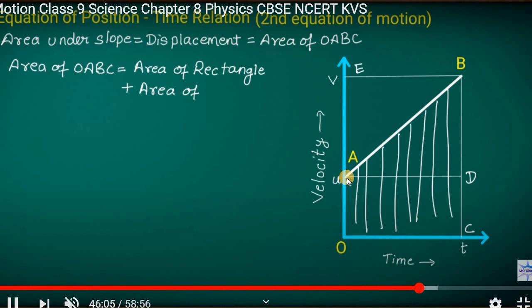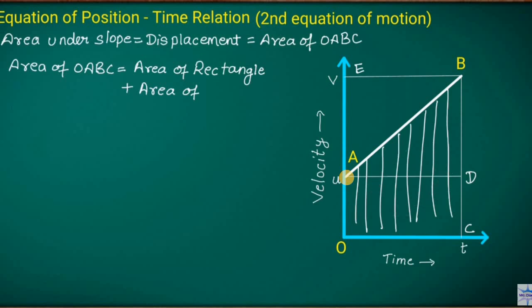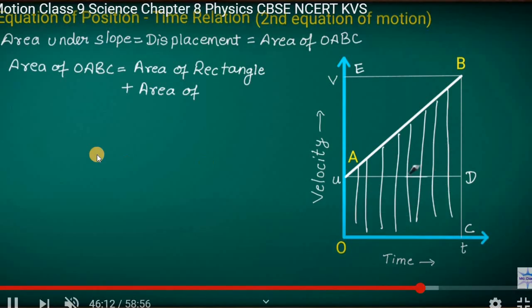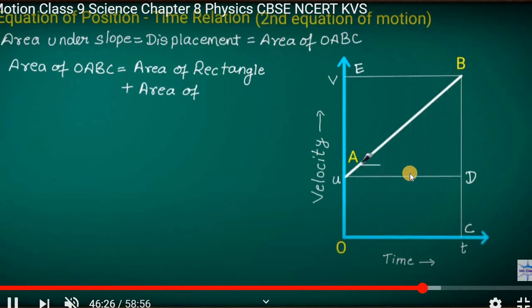If it moves in a straight line, then it is a displacement. Here you can see we have to find out the area of OABC. So the displacement is the area of OABC.